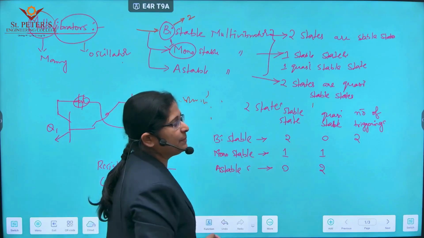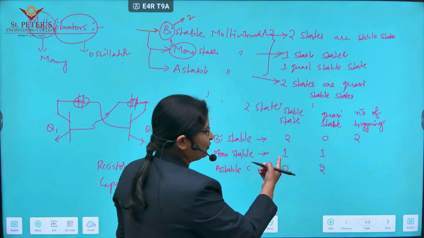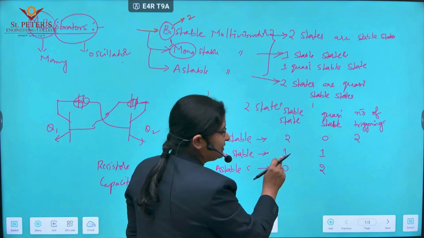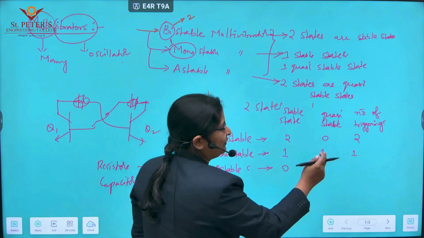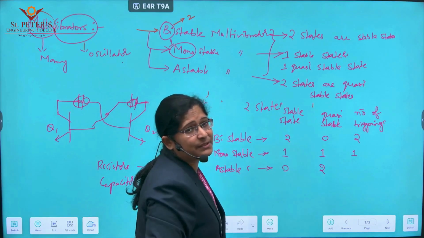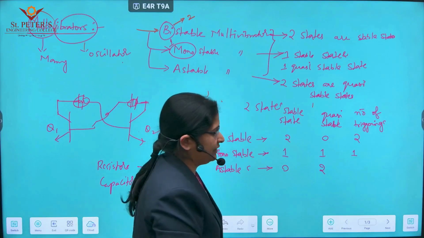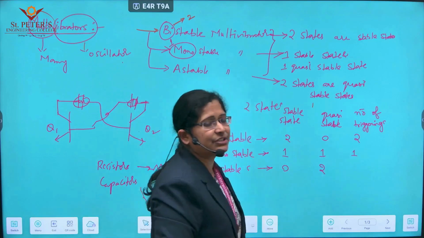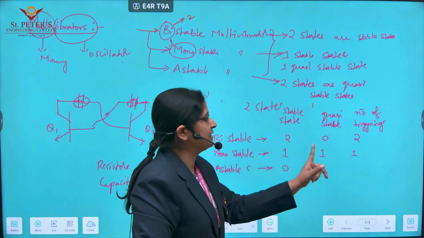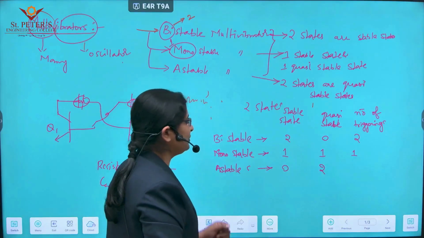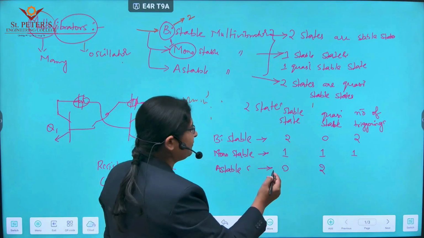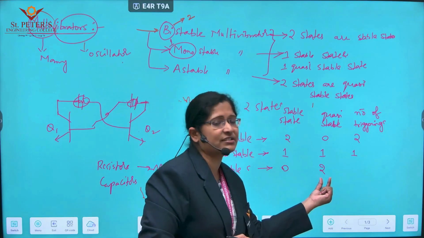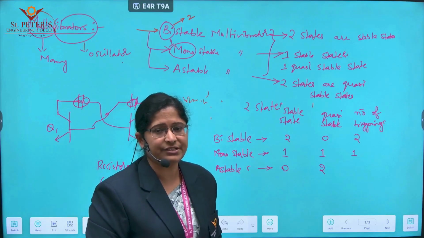Coming to the monostable multivibrator, it has one stable state and one quasi-stable state. Whenever the multivibrator is in the stable state, we need a triggering. Whenever it is in the quasi-stable state, we need not apply any external triggering. So in total, the monostable multivibrator needs one external trigger to change the state from stable to quasi-stable. Coming to the astable multivibrator, it has zero stable states, and both states are quasi-stable or temporary states.